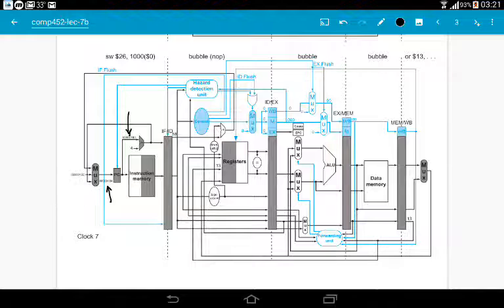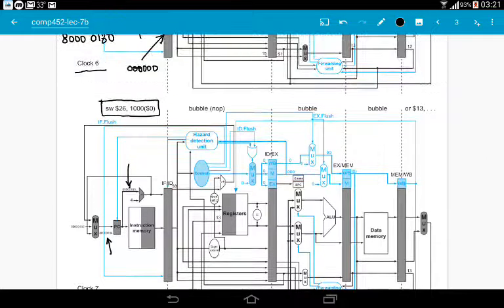So look, SW $26, $1000. So this is the new instruction which is being fetched now. Alright, so this is how we implement exceptions in our pipelined processor. Now this bubble will leave the pipeline in the next clock cycle.